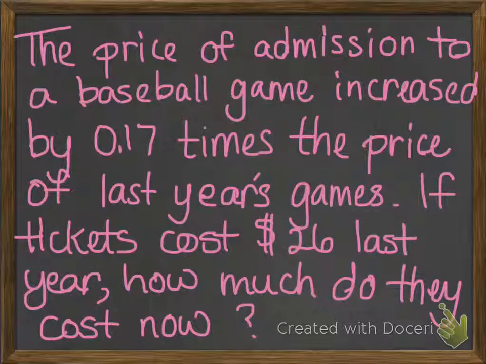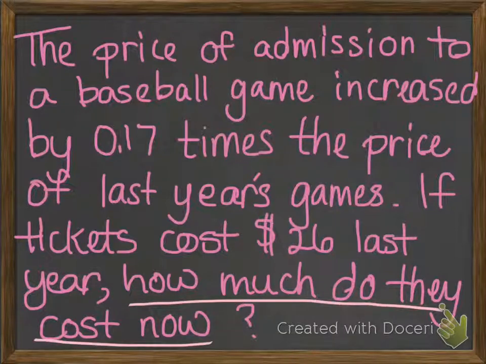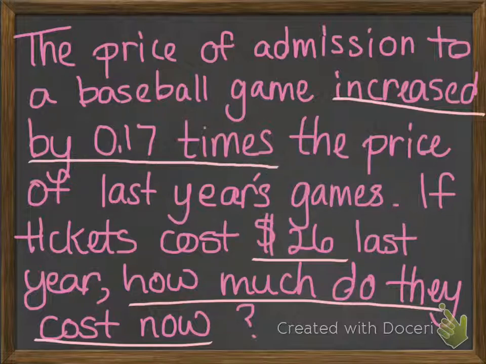So first we need to figure out what the problem is asking us. We need to figure out how much the tickets cost now. The important information we have is that it was $26 last year, but the prices have increased by 0.17 times the price of last year's games.